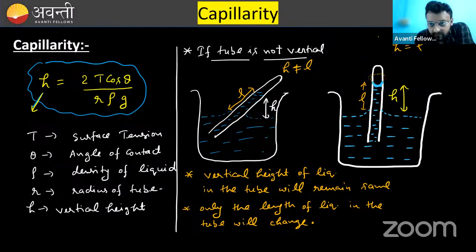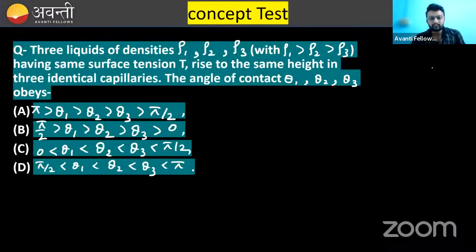That radius may also be given, and we will derive a relation for that. But right now, this formula is valid for r as the radius of the tube. So let's move further with an example.